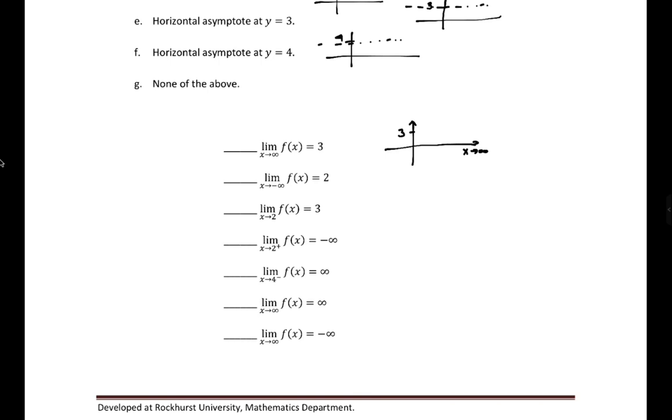The only part of the graph that I really know about is over here. I don't know exactly what it's going to look like, but maybe it would look something like this. Theoretically, it could also look something like this, or something like this. I don't know exactly how it approaches, but I know that it approaches.